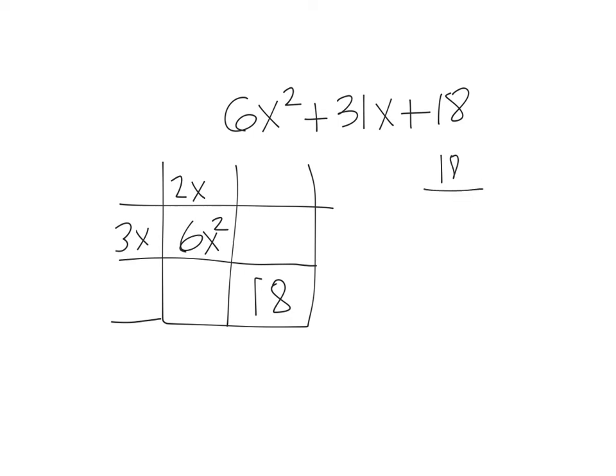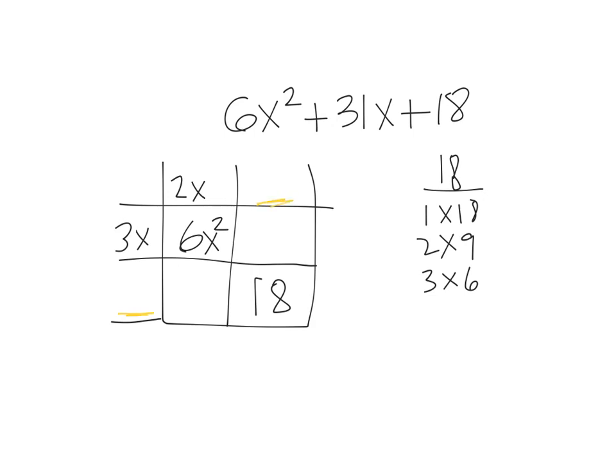So for 18, all the time you should be listing out the factors, the things that multiply to that last number. So here we have 1 and 18, we have 2 and 9, we have 3 and 6, and that's everything. Nothing else works. So I can plug those numbers in. That means that the last 2 spaces here must be one of those pairs.